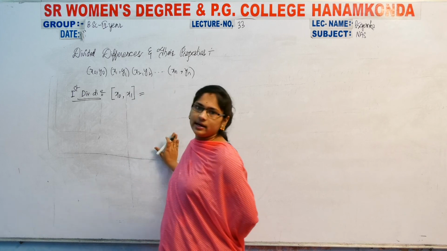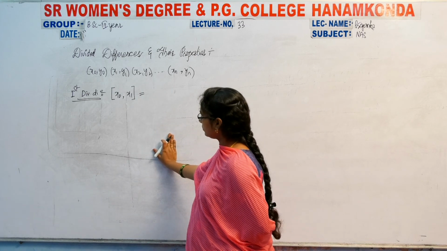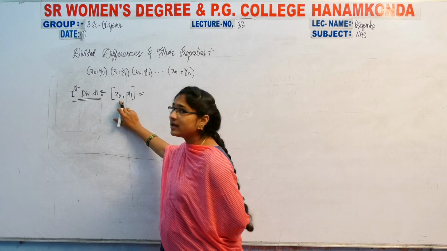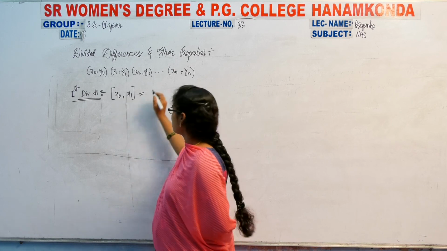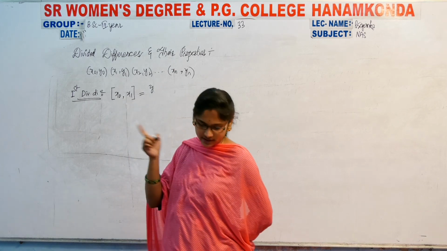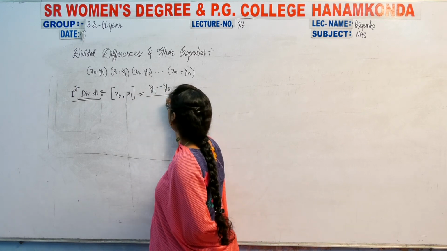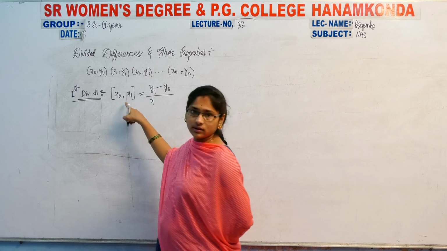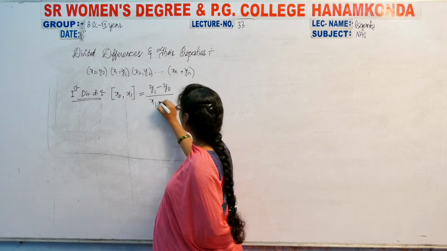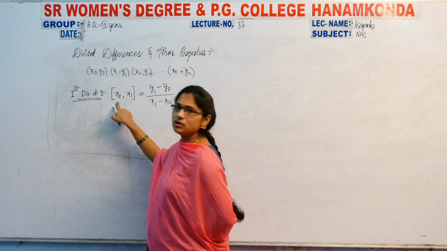Here remember always this value: y1 minus y0 by x1 minus x0, upper value, lower value.